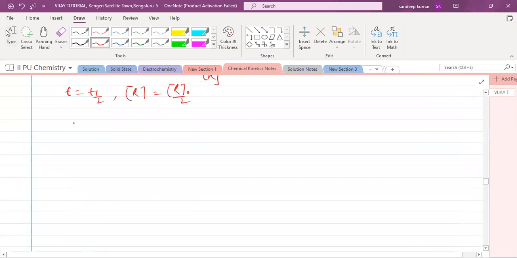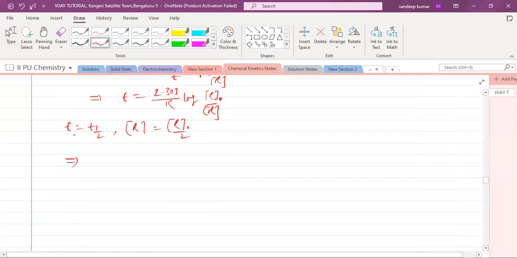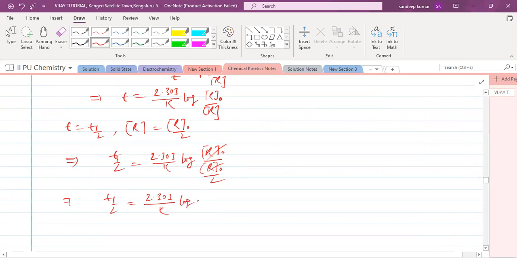I'm substituting the value of T as T half. So T half is equal to 2.303 upon K log of initial concentration R naught, final concentration R naught by 2. So 2 will go to the numerator, and R naught gets cancelled. So T half is equal to 2.303 upon K log of 2.